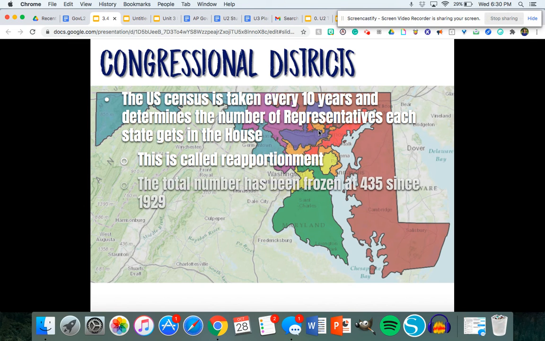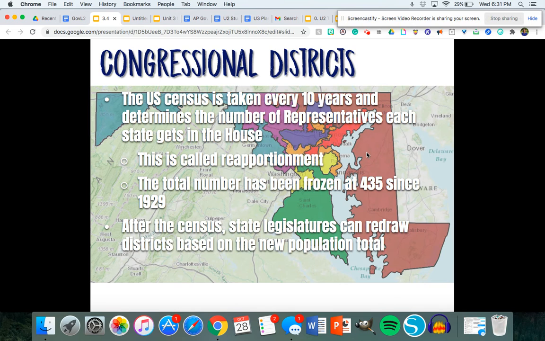And no matter what happens to states' population, there are always 435 representative seats in the House of Representatives. And that total number has been frozen since 1929. So we've had 435 members in the House since 1929. Now, after the census, state legislatures can redraw districts based on the new population total.